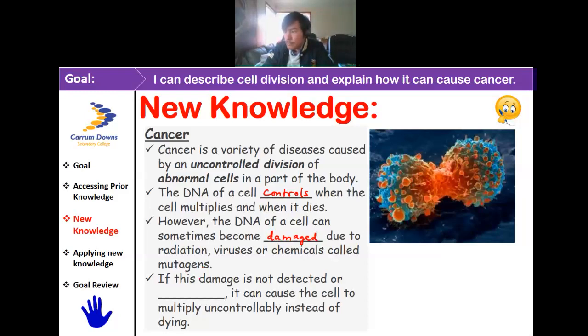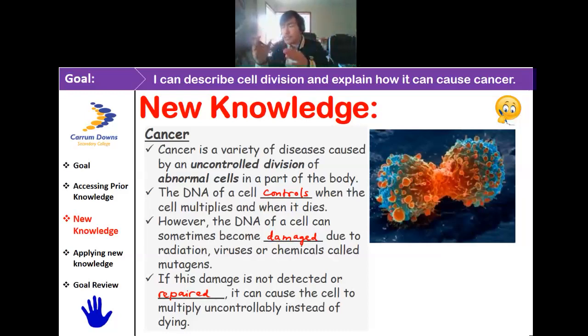So if this damage is not detected or repaired, okay, then it can cause the cell to multiply uncontrollably instead of dying. So when the cells go through division, it would have to check that the DNA is intact, is okay.